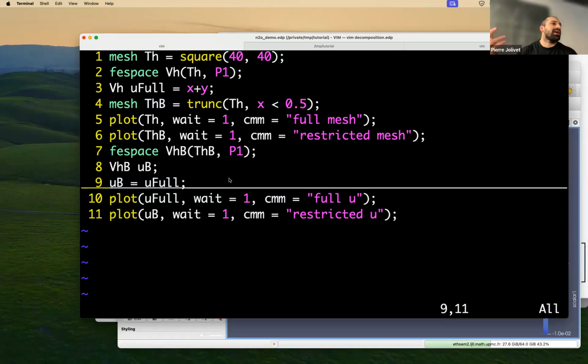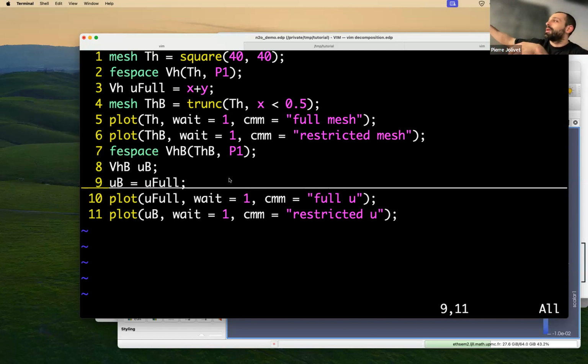Okay, but in fact here interpolation is evaluation because basically what FreeFEM needs to do is just look for the nodes of THB and pick up the corresponding value inside TH and take the value inside U full.